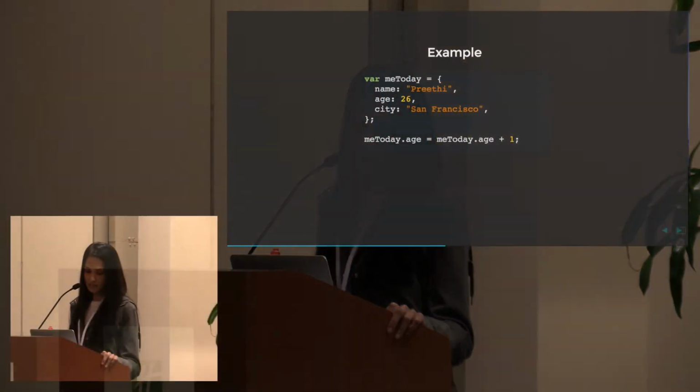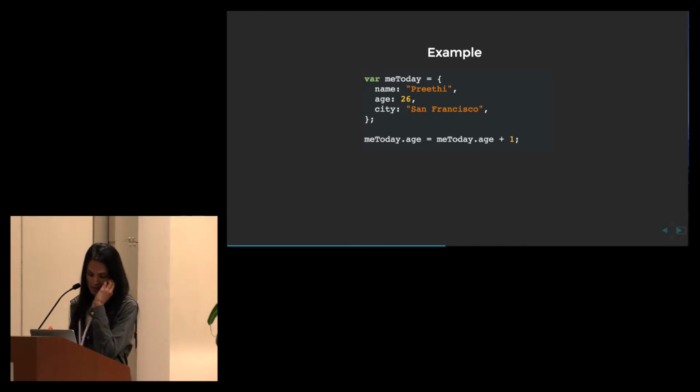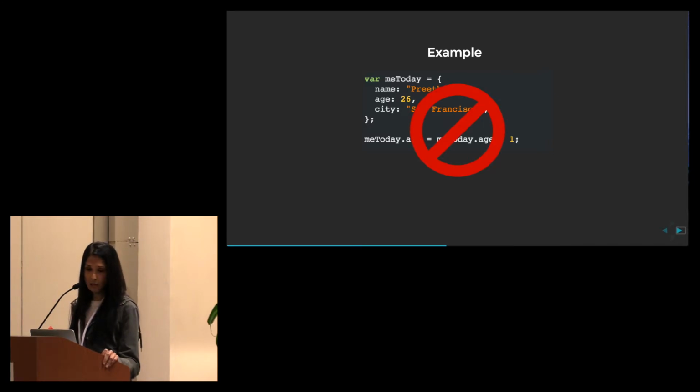Well, let's take a typical object in JavaScript. If I wanted to update my age next year, I can do my age equals my age plus 1. This is not immutable because it mutates the age property directly.